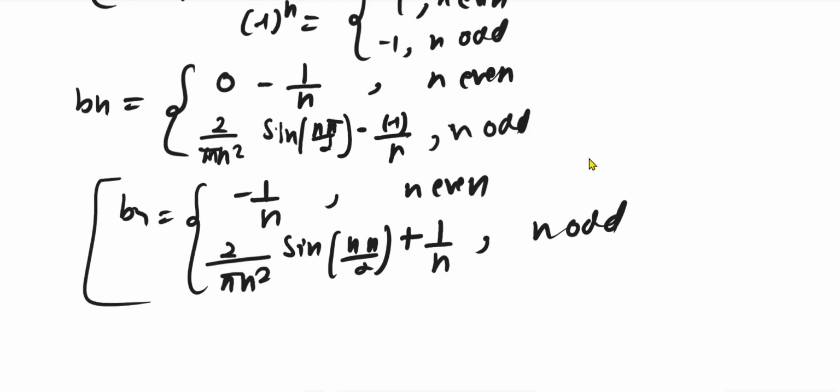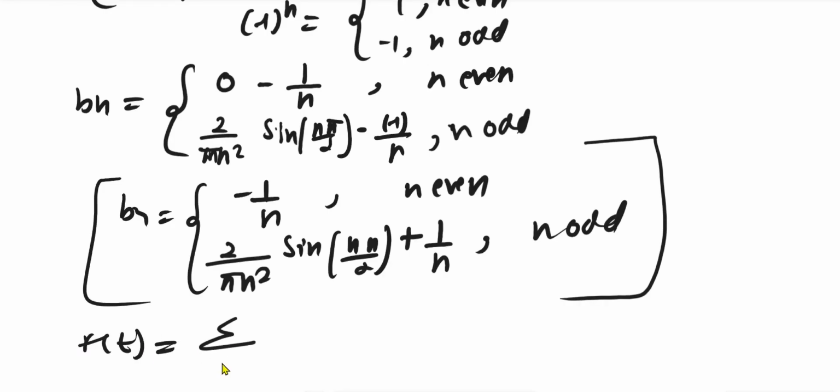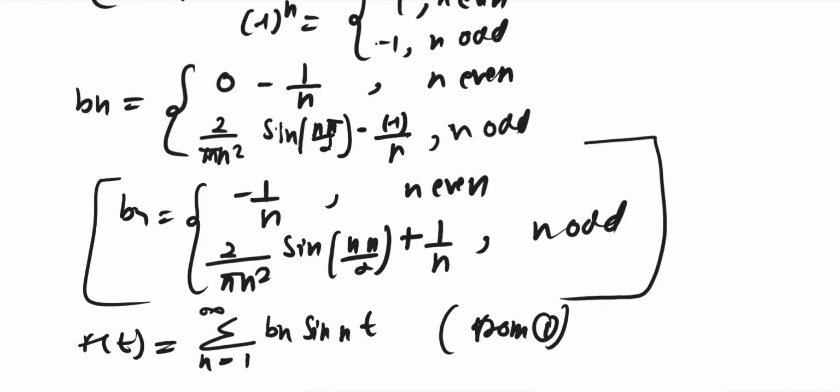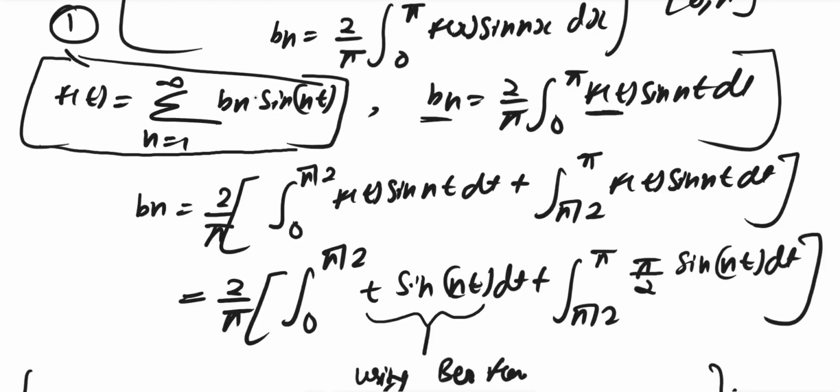Now bn we have got. We had to finally find out the Fourier sine series, which is given by f of t is equal to summation n from 1 to infinity bn sine nt, which is from equation 1. Here, this is equation 1 through which we get the Fourier sine series.